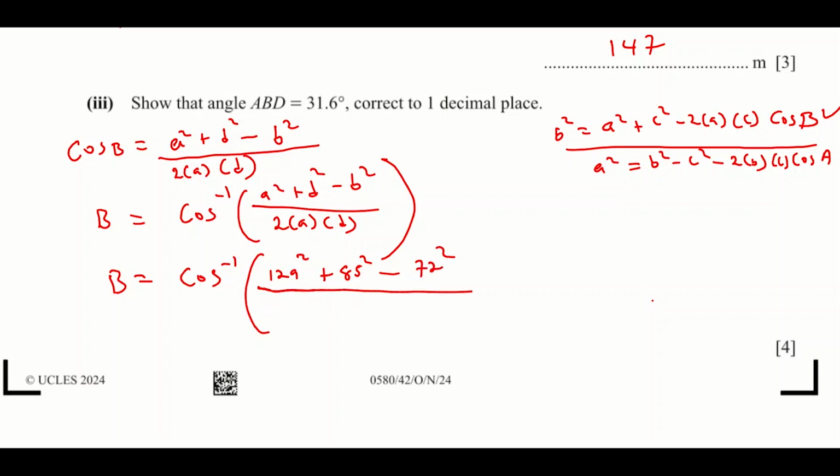So everything over 2 into 129 into 85. You can put the whole of this into your calculator, and the value of B should be equal to 31.6 degrees. So pretty straightforward.